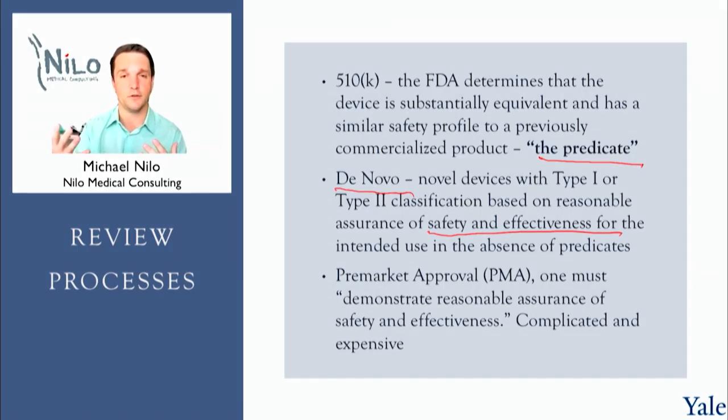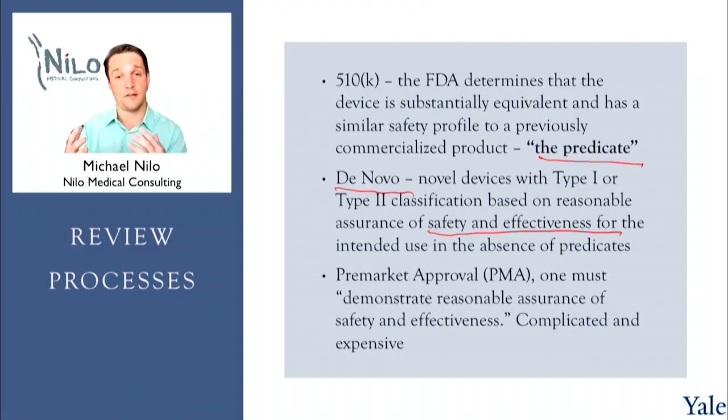If there was never a software used to diagnose sarcoma out there and there was nothing to compare it against, then you would need to use the De Novo process, which is kind of the in-between between the 510K and the PMA. Since it's going to be on its own, the first one, you need to show on your own, you're not comparing it to anyone else, that this device works and works well in a safe and effective manner.